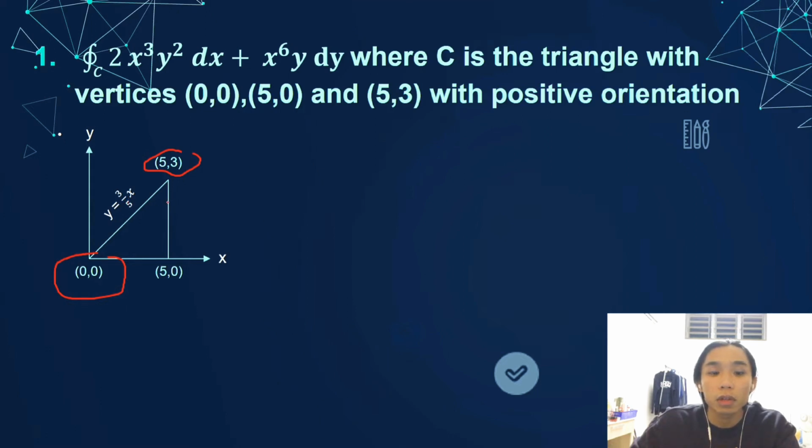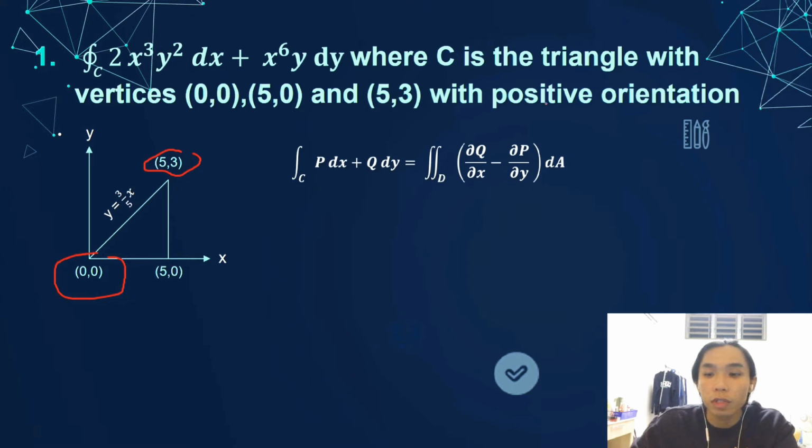We will put it into the equation y equals mx plus c. For the c, use these two points and we will get c equal to 0. After that, with the positive orientation, we will use the anti-clockwise formula for Green's theorem.